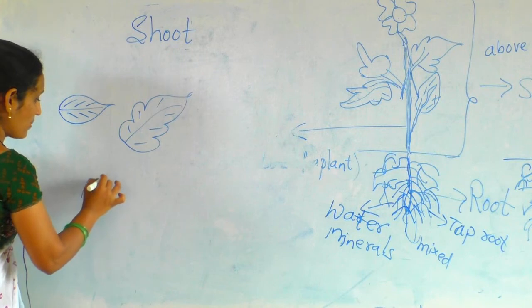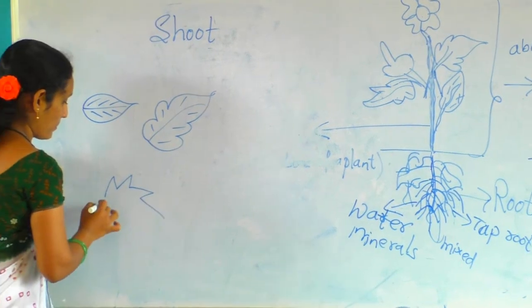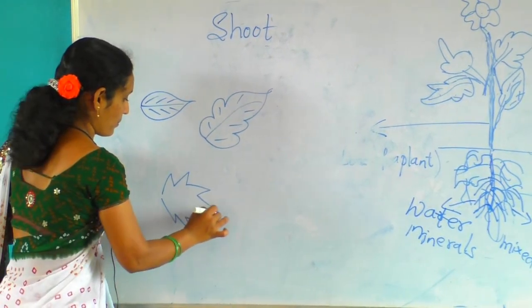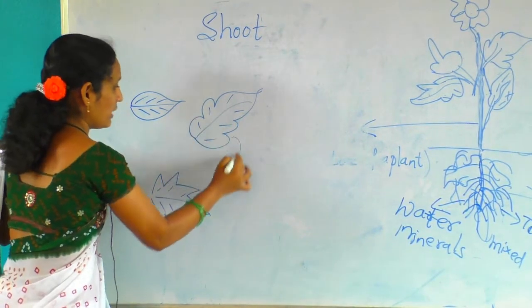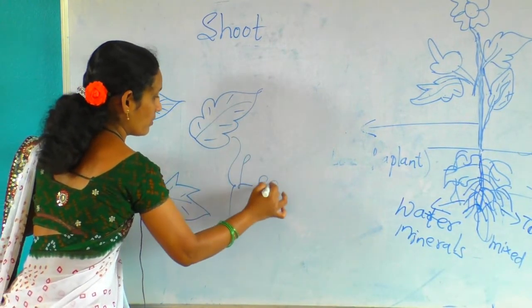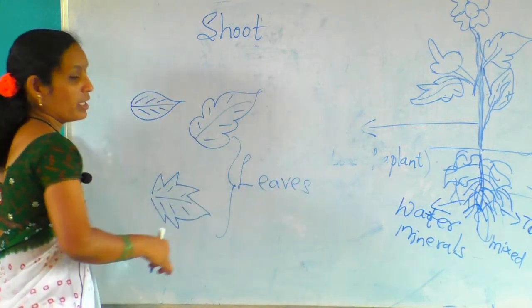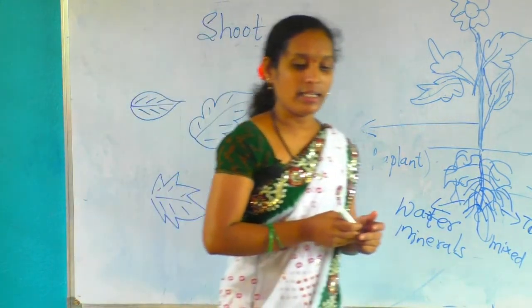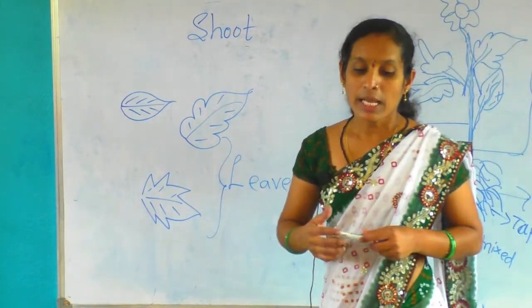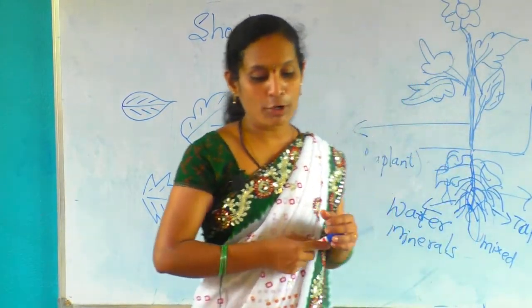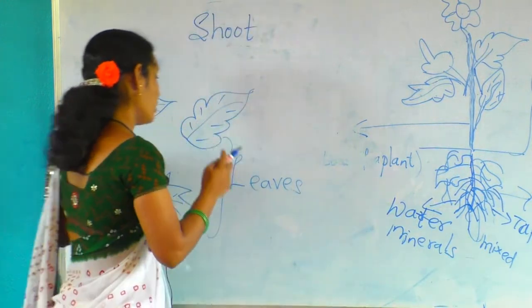Some are like this. So many different types of leaves are there in the garden. Observe a leaf closely. What are the parts you see? A leaf has a flat and broad part, that is called the leaf blade.